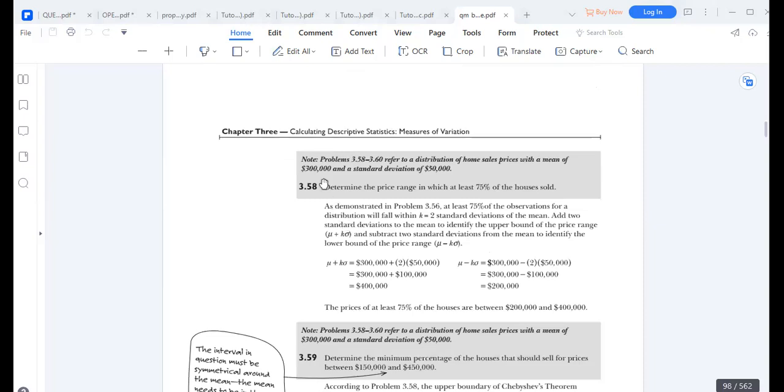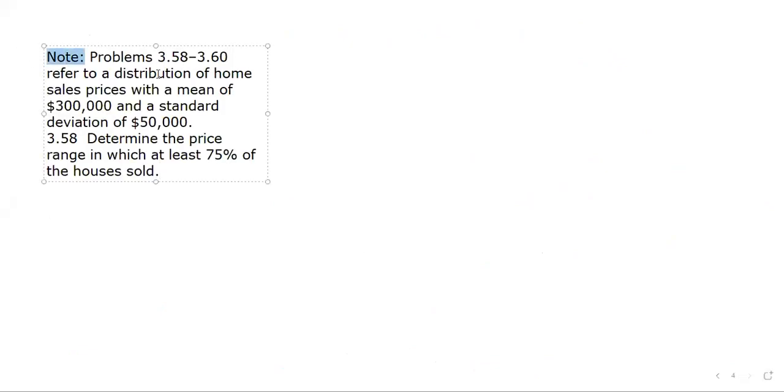So now a question will come in a little more delicate manner. If it comes like this, we'll say, suppose we have a distribution with a mean of 300, all right?